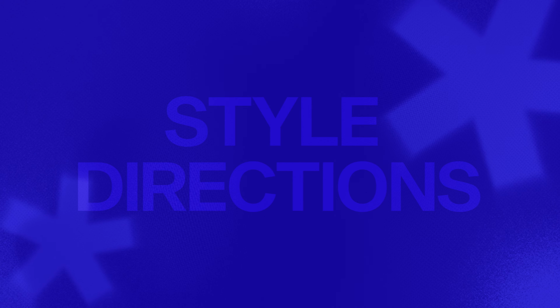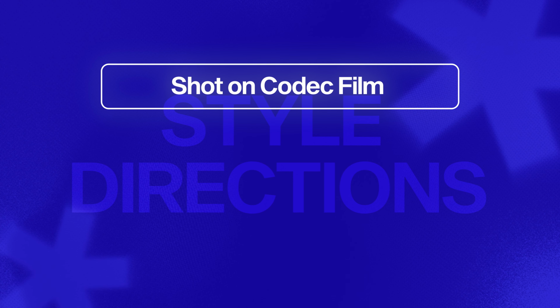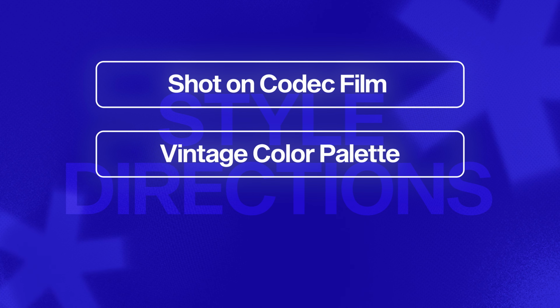And if you want to go a step further, mix in some style direction. And so say things like shot on Kodak film, or vintage color palette, or subtle chromatic aberration. These are the exact cues that cinematographers use to create certain tones within whatever they're filming. And Sora picks up on those things beautifully.